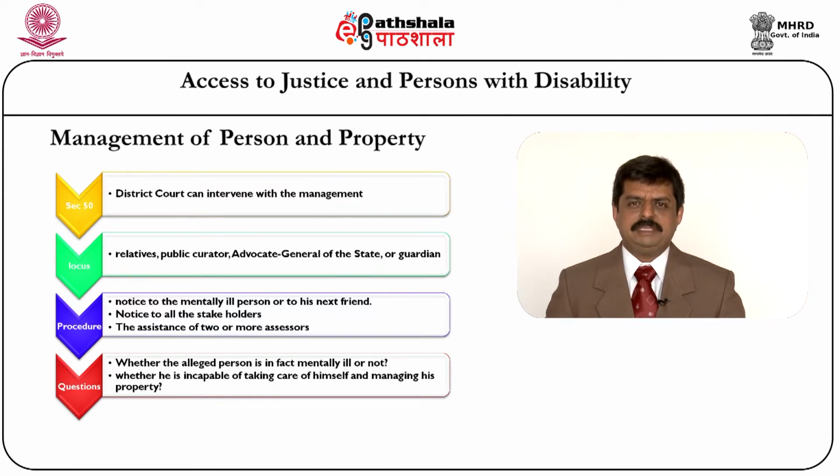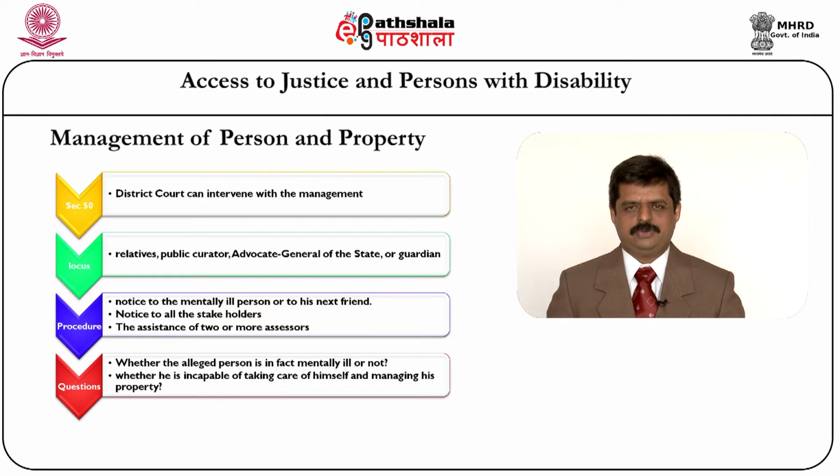The district court can be intimated or called to intervene not only by a person with mental illness, but by any relatives, next friend, curators, advocate generals. So, there is a series of people who can intervene in the functioning or maintenance of the property belonging to the mentally ill person.